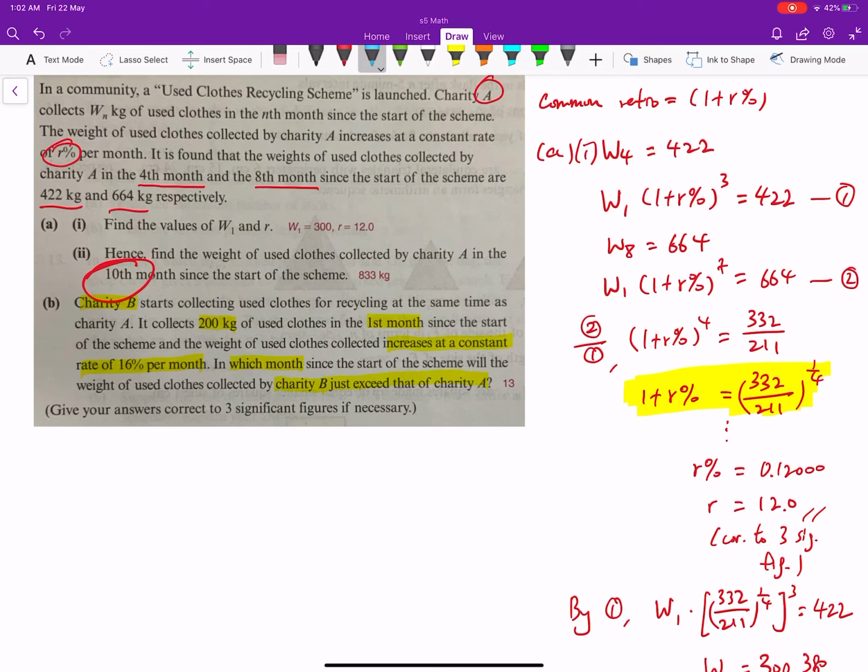Okay, so here we just do similarly. We let Vn be the weight. This is for charity B.